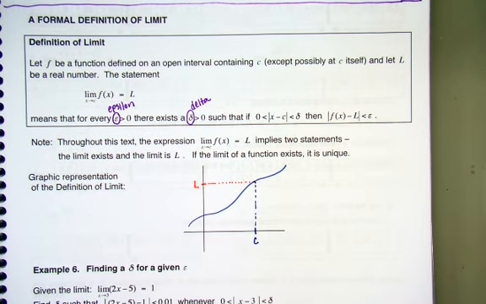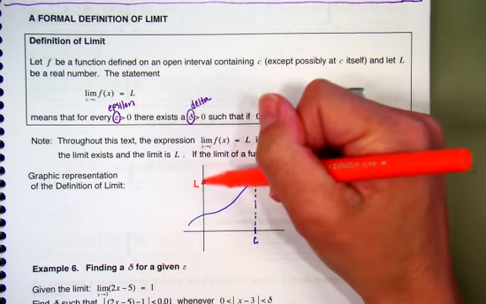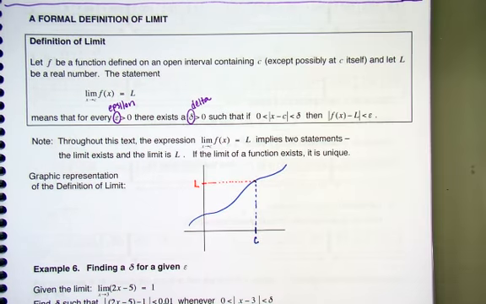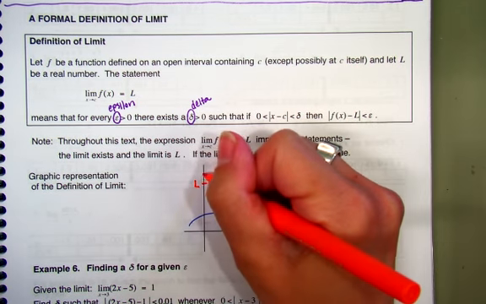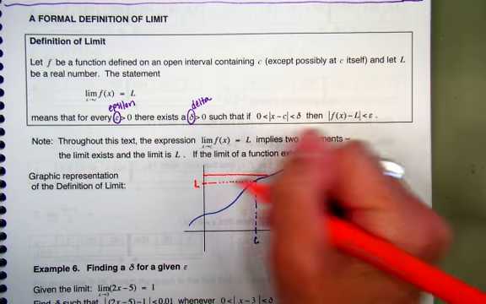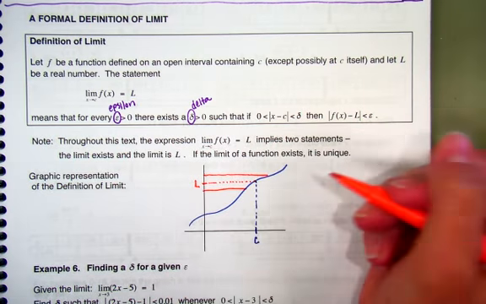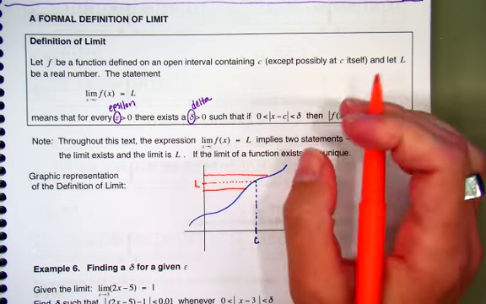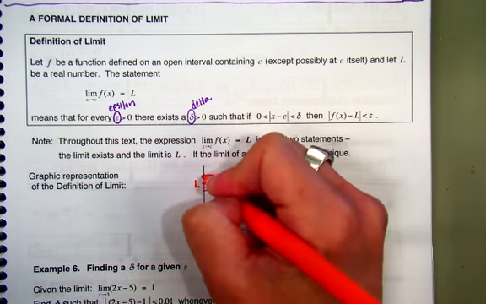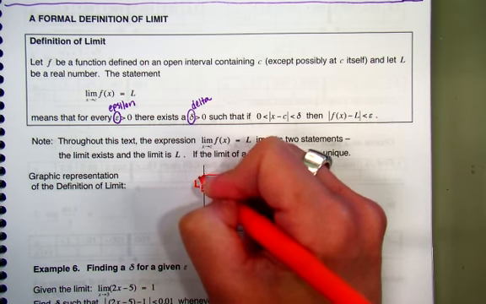What it's saying is that we can find such a number, epsilon, on either side of the limit. It might be like 0.001. I would add it to the limit, and I would subtract it from the limit, and I would get this little epsilon band. This is highlighted a lot bigger than it really would be; normally it's much, much smaller. This little up and down is E for epsilon.